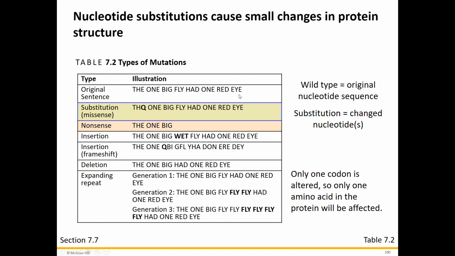Now, a substitution to that would be to change the E to a different letter, and this one happens to be Q. So this codon will not be able to code for the proper amino acid, but one big fly had one red eye.